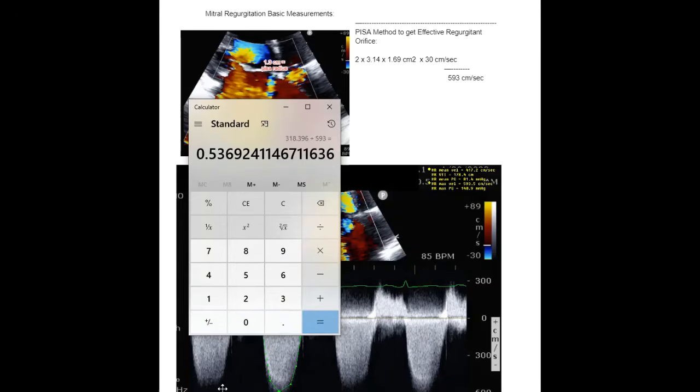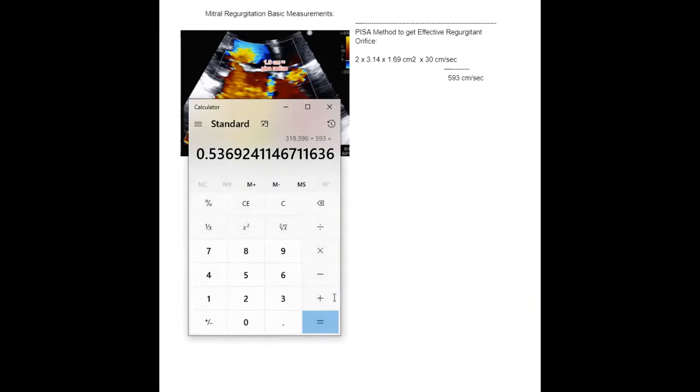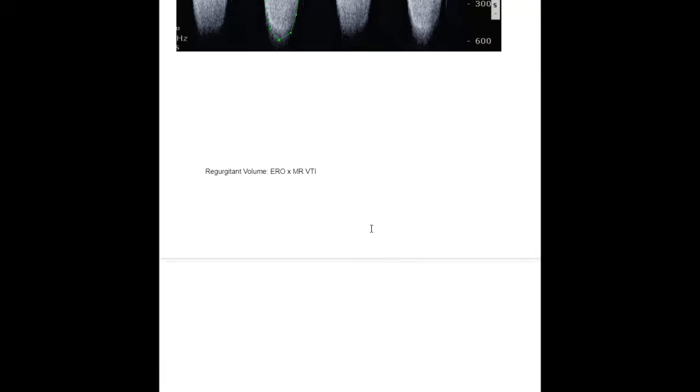You get an effective regurgitant orifice of 0.53, which is actually quite large and consistent with severe mitral regurgitation. So let's put our number here, 0.53. We'll round up to 0.54 centimeters squared. So now we're going to copy and paste and use that number to attain our regurgitant volume.